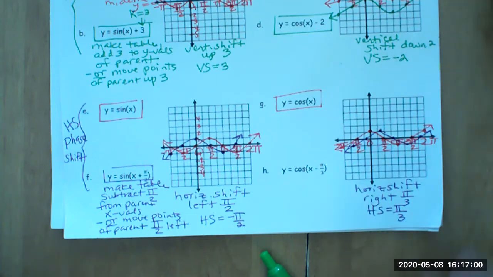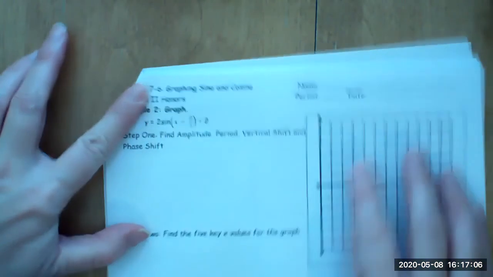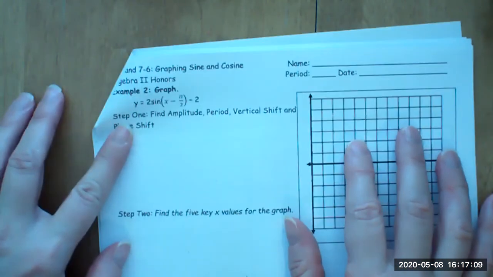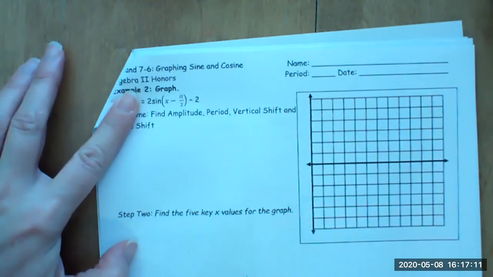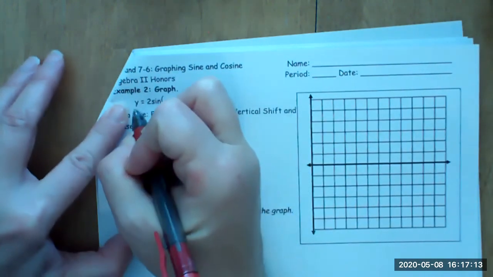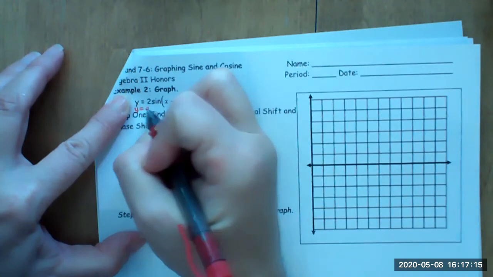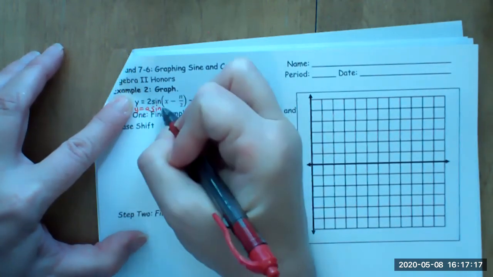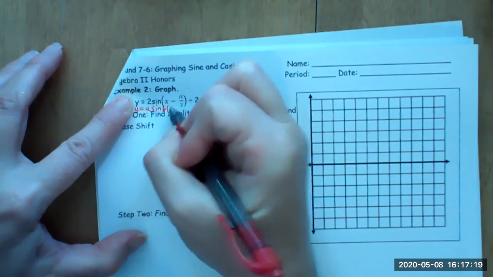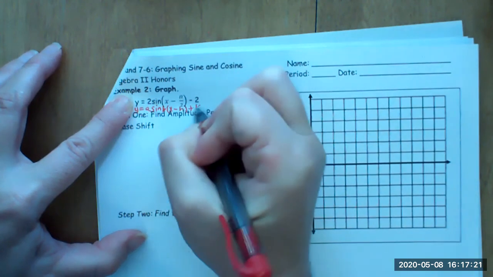Okay, so we're going to finish up today by graphing a function that has a combination of types of transformations here. Okay, so you'll notice here we've got y equals a times the sine of b times x minus h plus k.